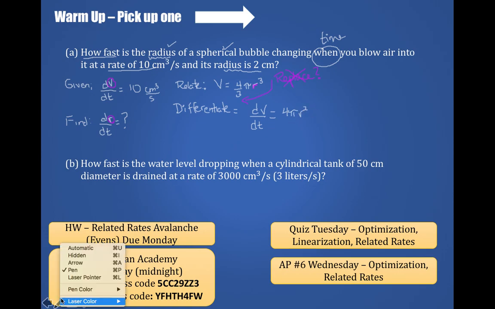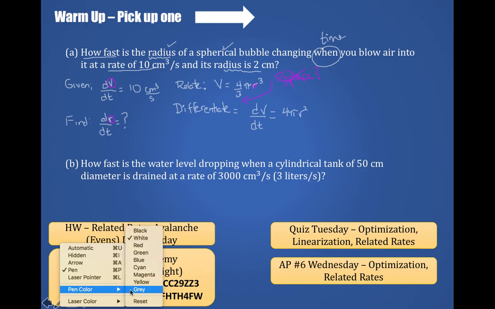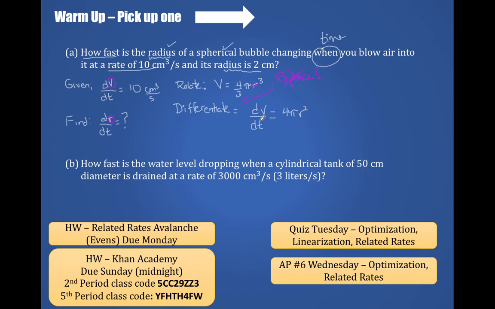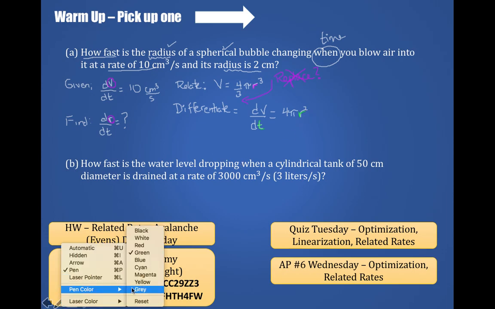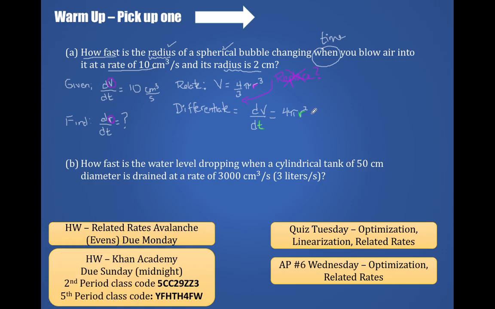Remember when the variable of differentiation is not the same as the variable in the equation, we have implicit differentiation, so you need to spit out the derivative of the radius.